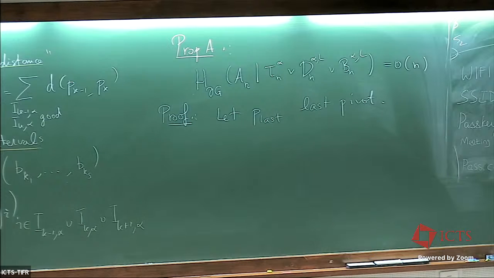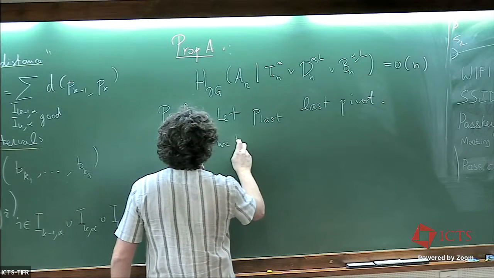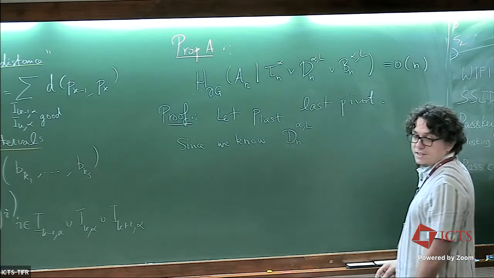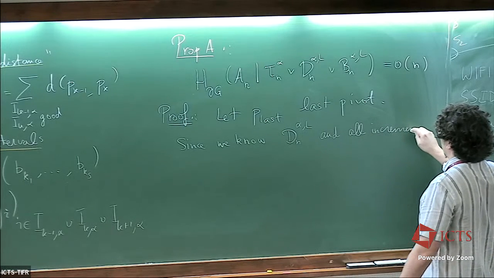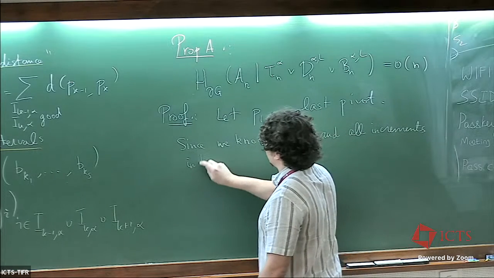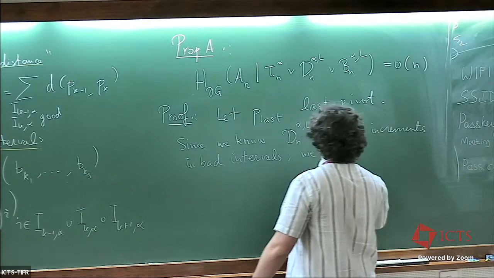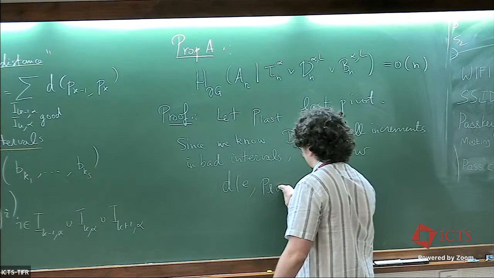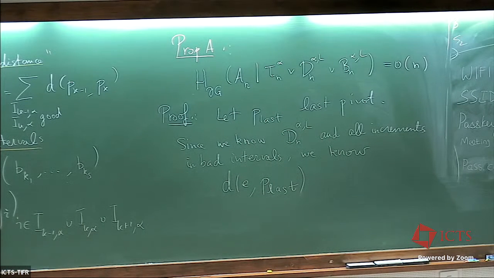Well, we did the discussion yesterday about this. The thing is, since we know the distance between good pivots, the good distance, and all the increments in bad intervals, we know, what do we know? We know the distance between the origin and P last. So let's say in this case, P last would be this guy.